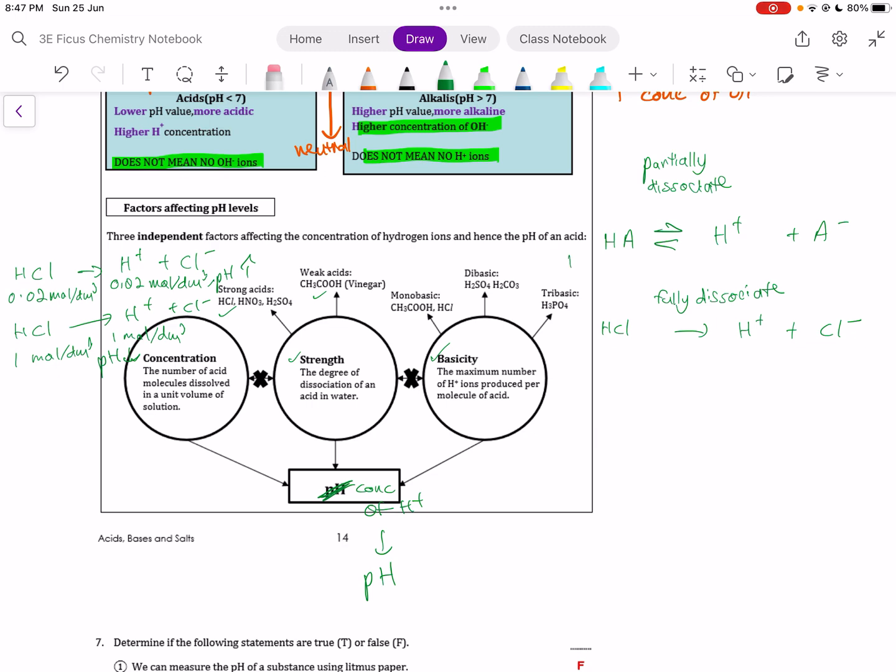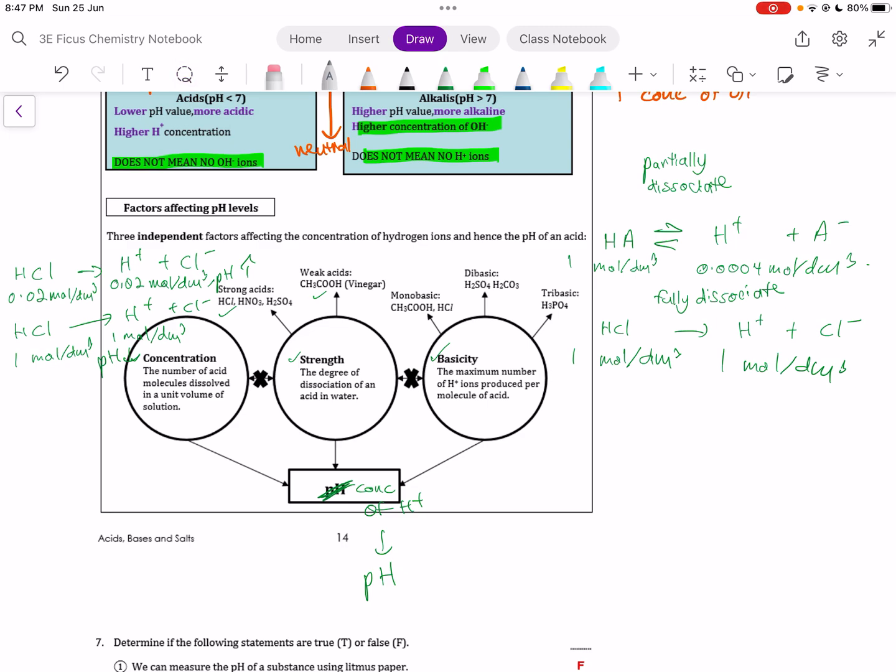So I say this one I got 1 mole per dm cube, but because of partial dissociation, so little. Versus HCl, I got 1 mole per dm cube, and 100% fully dissociated, so I get 1 mole per dm cube.